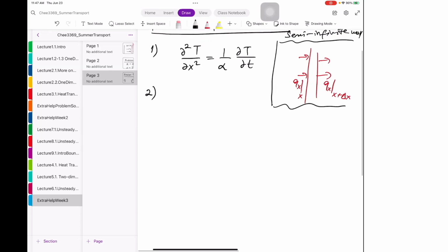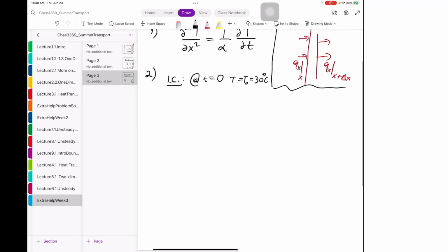The second part asks you to give the initial condition and boundary conditions. As you know, the initial condition is that at time t equal to 0, temperature is equal to T0, which is given as 30 centigrade. That's the initial temperature of the wall.